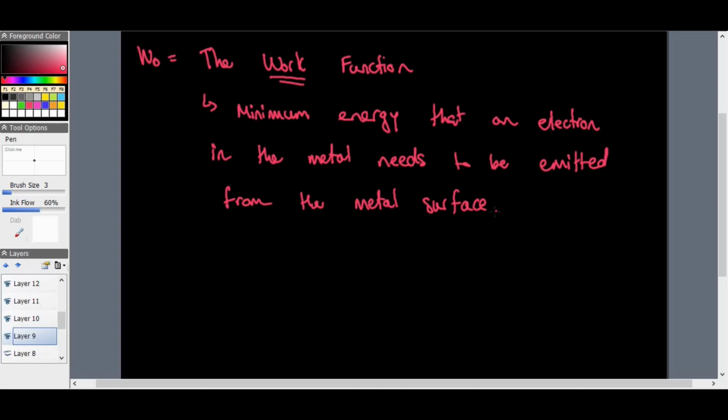But basically, if we want to work this out, we have a formula saying that the energy of a photon, E, is basically equal to the work function, which I'm going to equate to W0, plus the kinetic energy of a photoelectron.